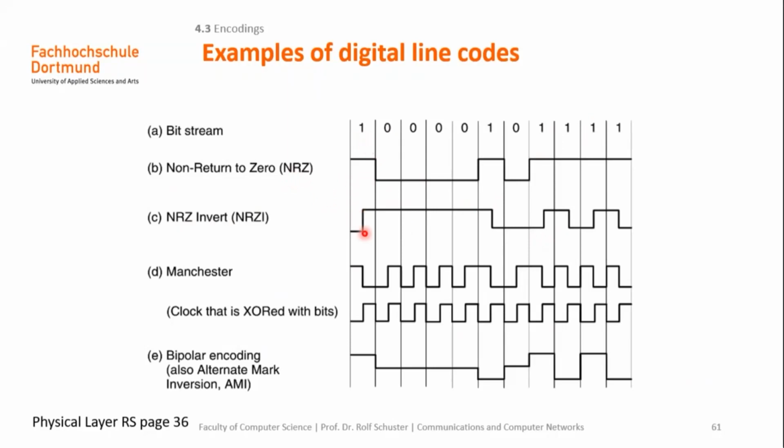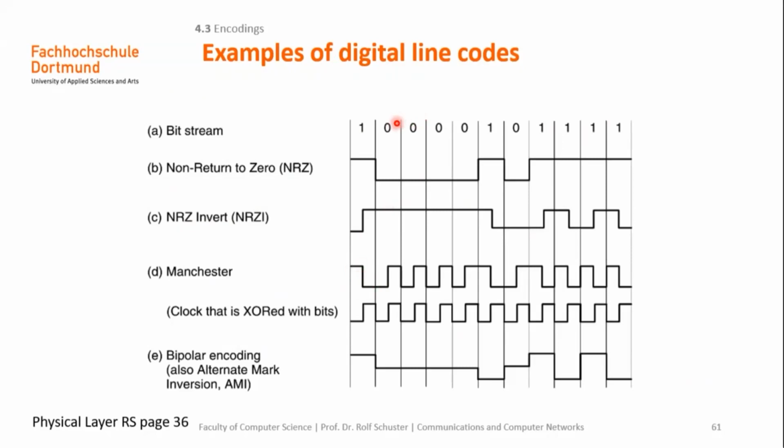Those codings could be used in different line codings. Another example is Manchester, where typically, when we need to transmit 1, we perform a transition from one voltage to the other, for instance, in this way.